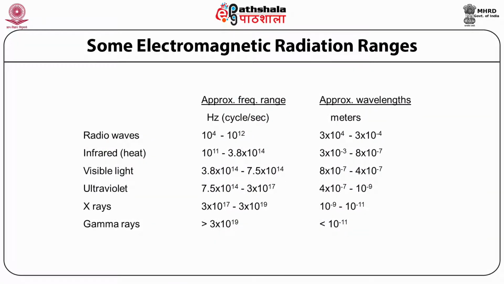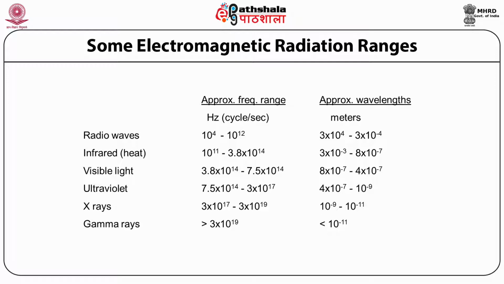We discuss the different types of electromagnetic radiation ranges. You know that light contains different types of electromagnetic radiation, having different wavelengths and different frequencies. Generally, radio waves have a frequency of 10 to the power 4 to 10 to the power 12 hertz, and a wavelength ranging from 3 into 10 to the power 4 to 3 into 10 to the power minus 4 meter.